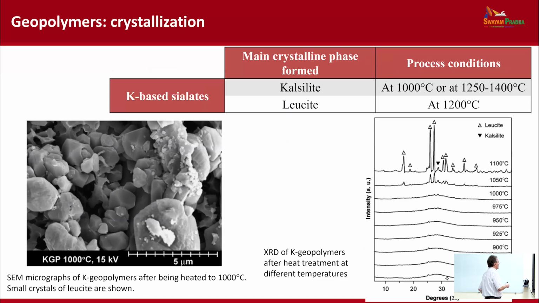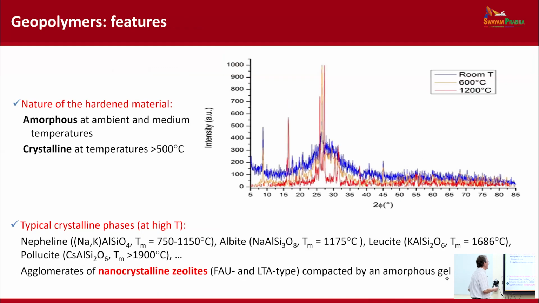Here is the example for forming leucite at above 1200 Celsius. You have phase pure leucite. If you have your hardened material at room temperature, it is amorphous, remains amorphous up to intermediate temperatures below, let's say, 800 degrees. And above that, you start forming crystals.